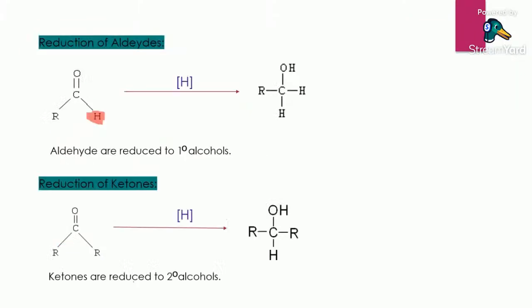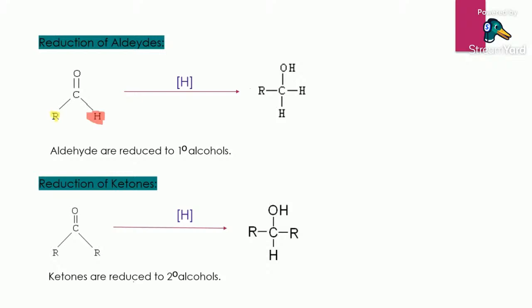Next, we go to the reduction of aldehyde. Okay, here we have our C double bond O. If you guys can look here, this is an aldehyde, and it reacts with a reducing agent.